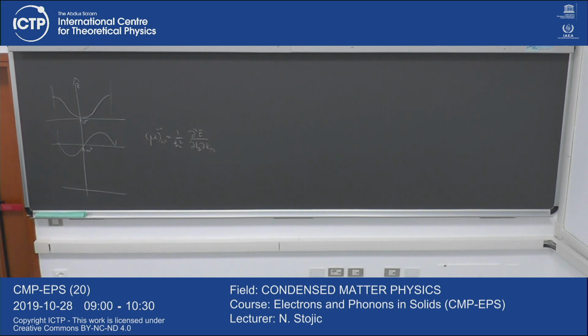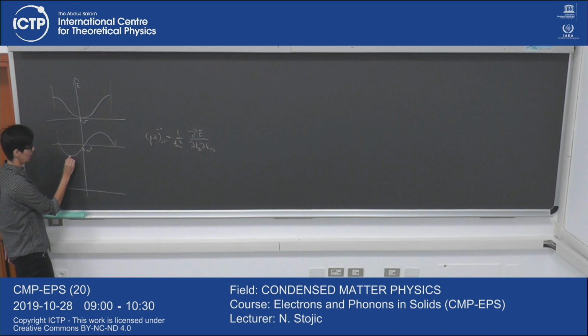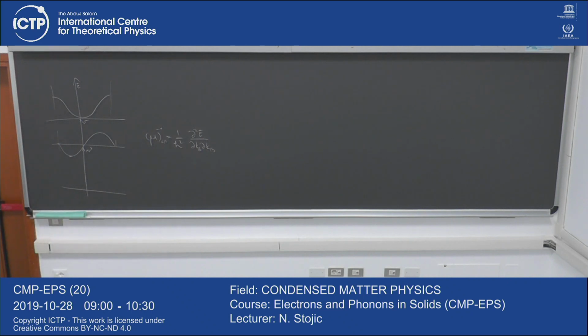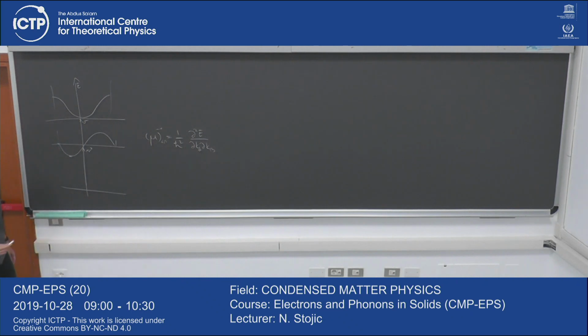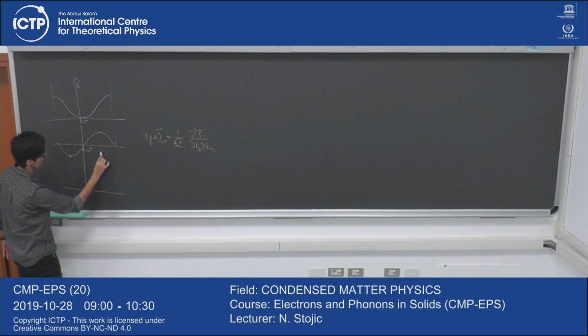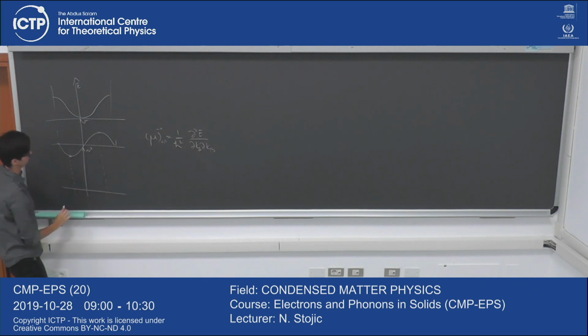So I can see here what will happen. Here I'll have a zero derivative, but it's inverse. So it means I'll have some kind of divergence. No? Here is the inflection point.